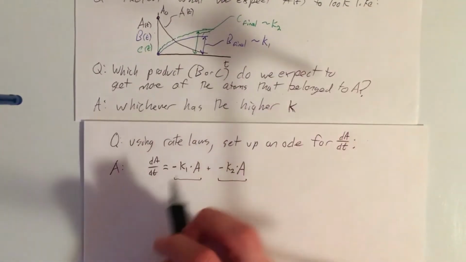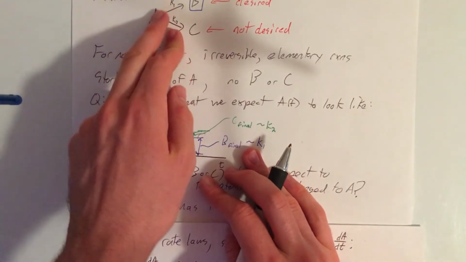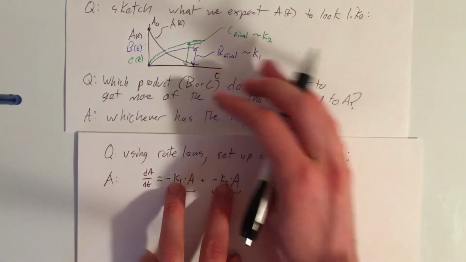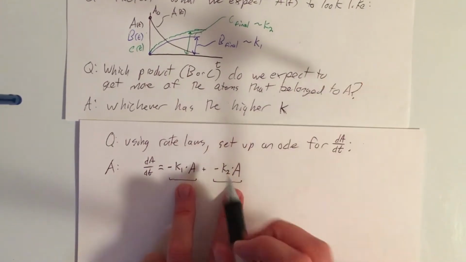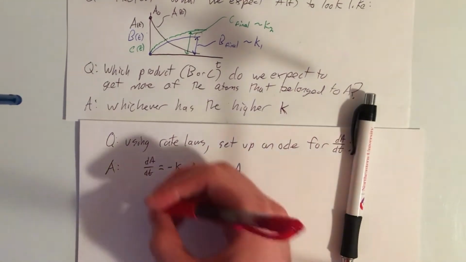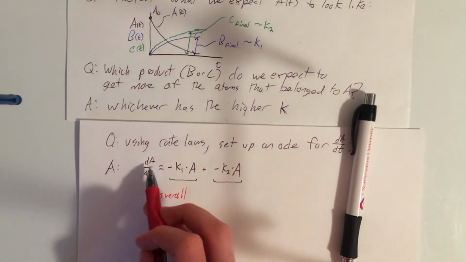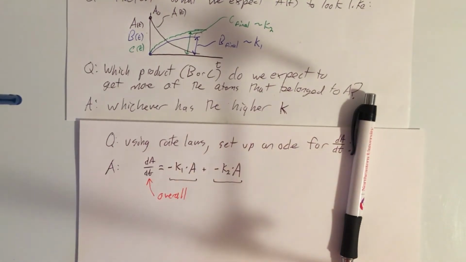So that's why the ODE needs A's right here. But they're two different reactions, each with their own K's. So that's why they have their own K's here. We sum them because both of these are happening simultaneously, contributing to the overall rate of change of A with respect to time.